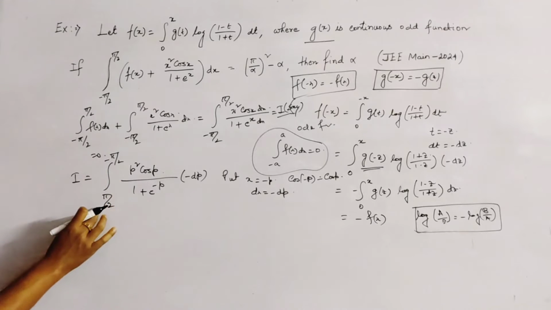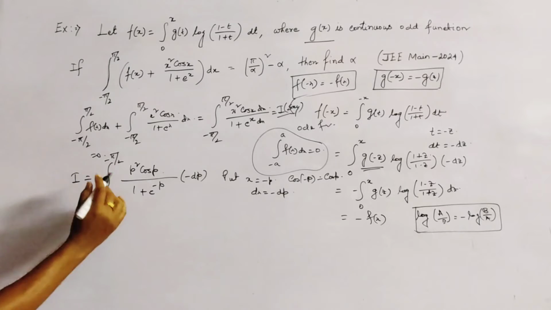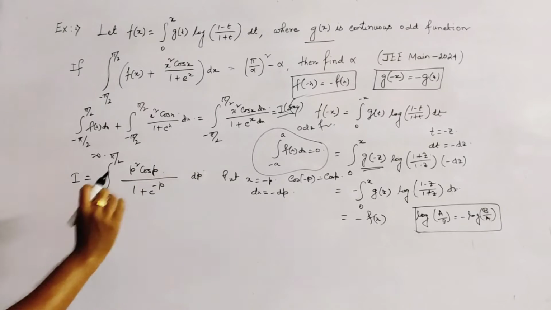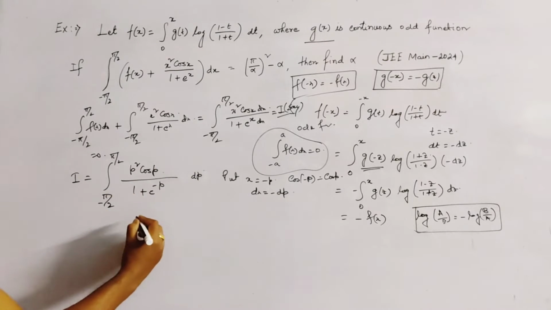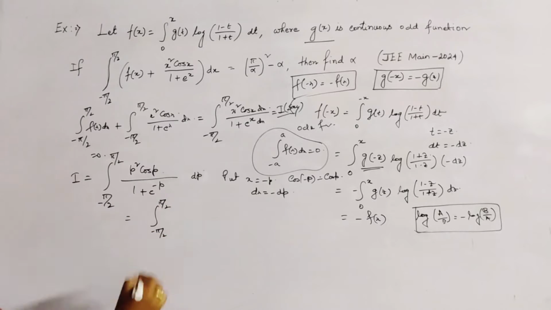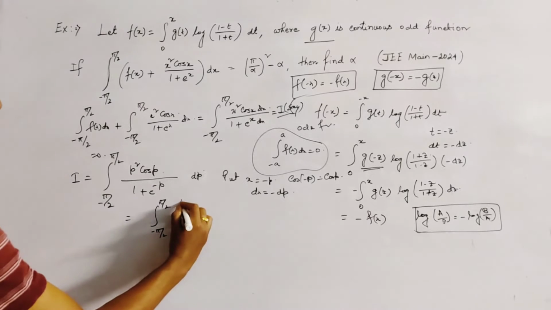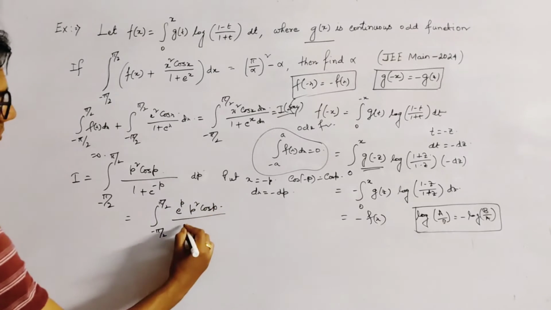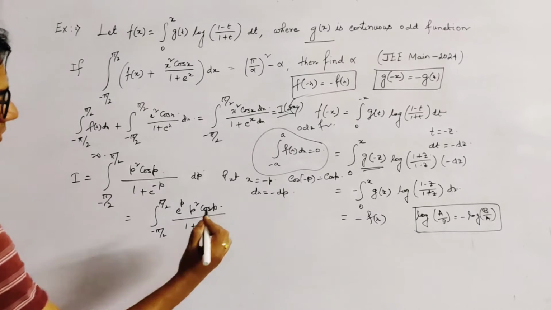We interchange the limits, and the negative sign vanishes. From this line we get the integration from minus pi by 2 to pi by 2 of e to the power p into p square cos p by 1 plus e to the power p.